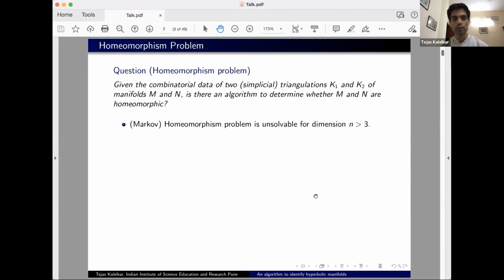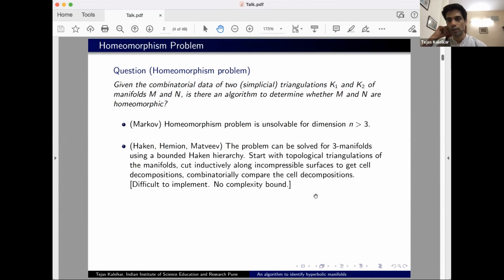Now Markov showed that the homeomorphism problem in general is unsolvable, but in dimension 3, we have a lot more structure. In particular, using what's now called the Haken hierarchy, Haken gave an algorithm to solve the homeomorphism problem.